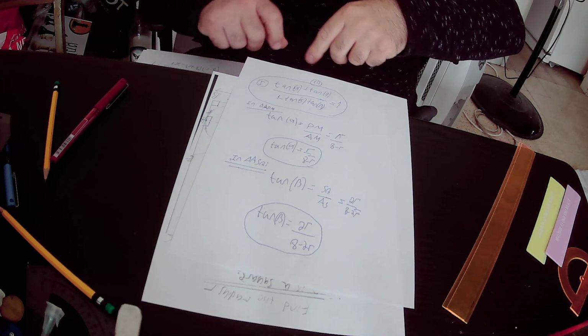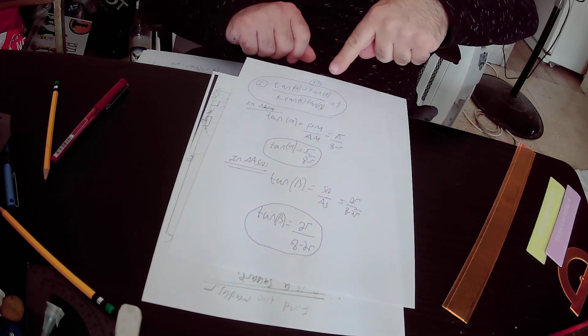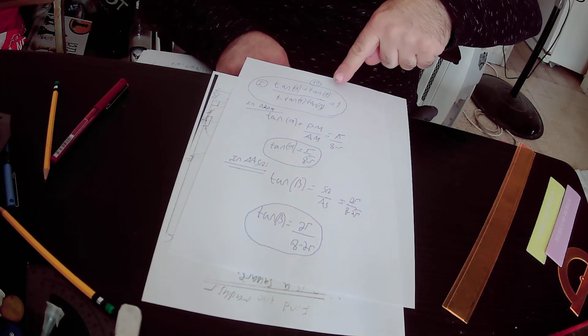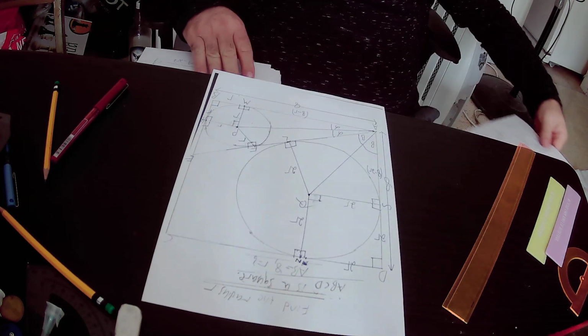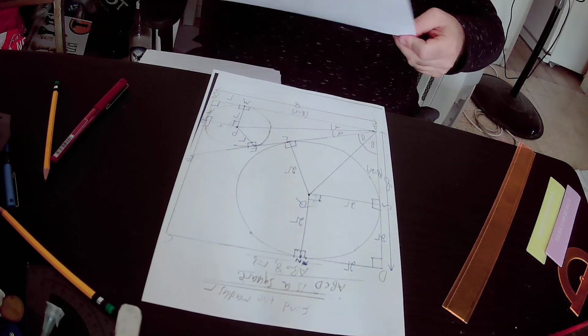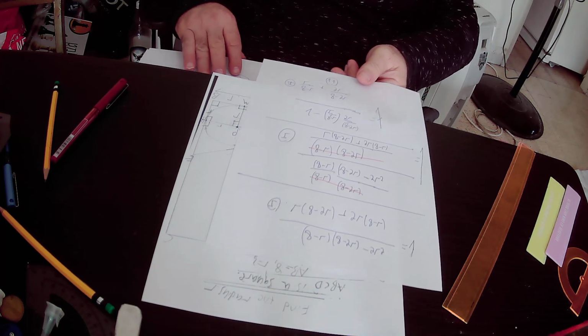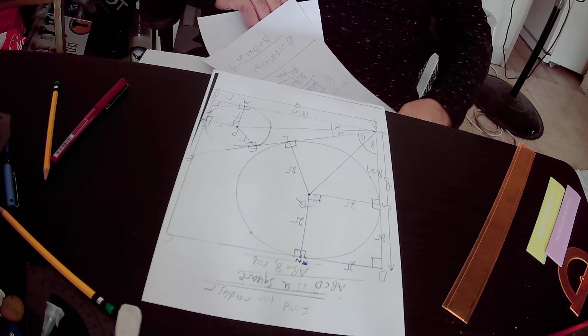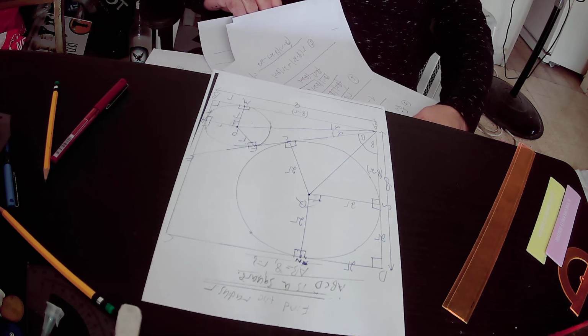So we substituted tangent alpha and tangent beta in this equation number 1, and we got this equation, and we solved this equation, and we got two solutions to the quadratic equation.